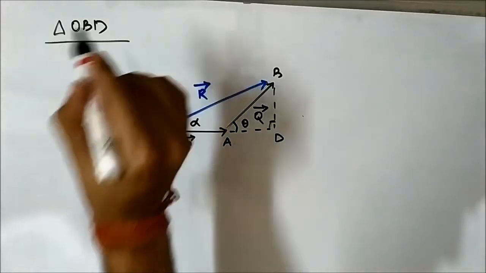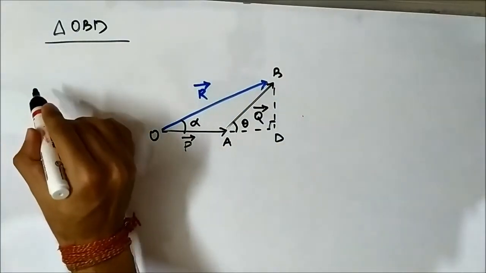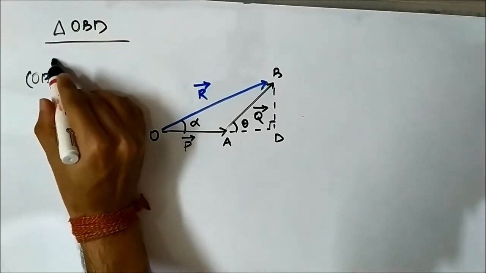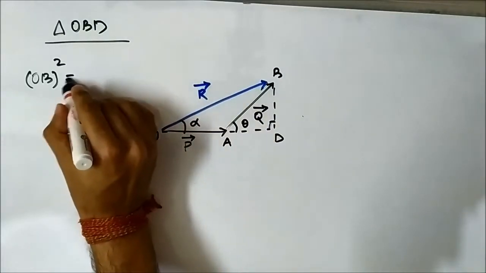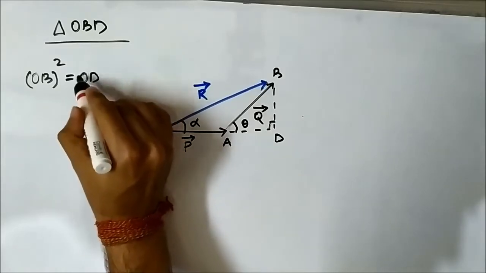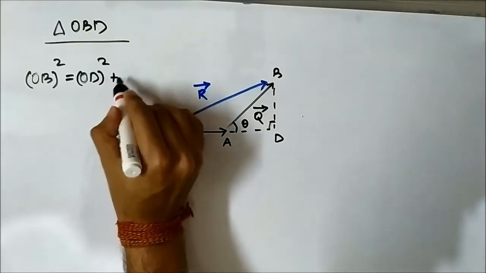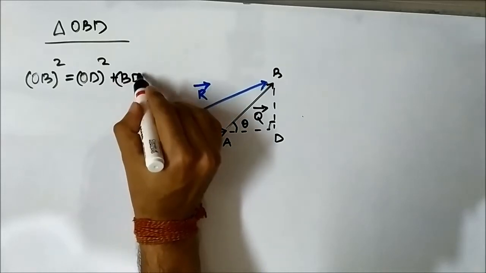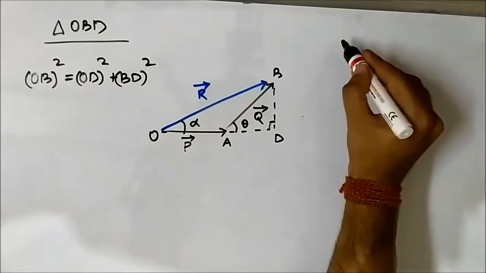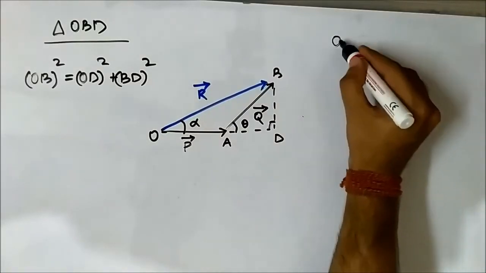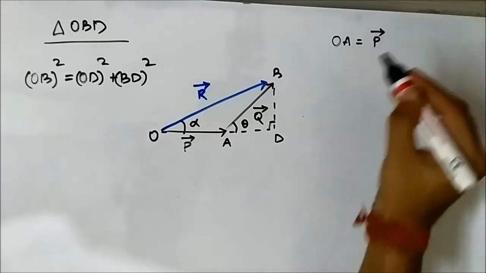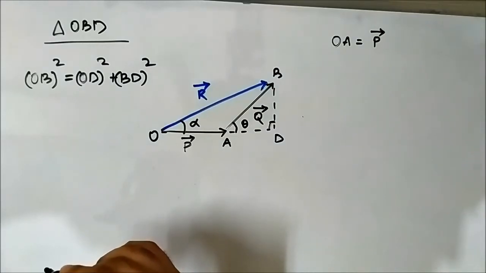So if we apply the Pythagoras theorem here, OB whole square is OD square plus BD square. Basic Pythagoras theorem. Now here OA is the P vector.